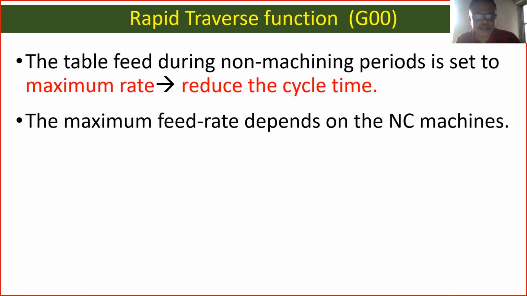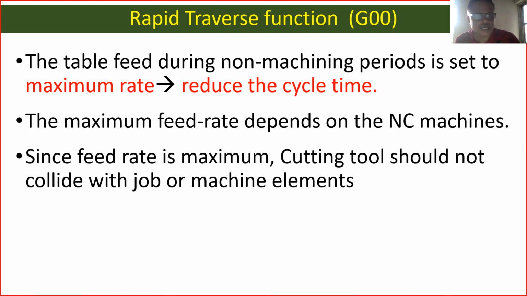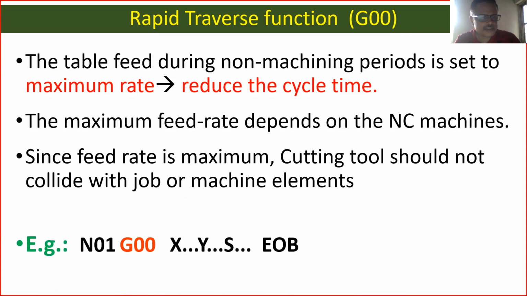The maximum feed rate depends on the type of NC machine which you are using. Since the feed rate is maximum, the cutting tool should not collide with the job or machine elements. How to write G00?